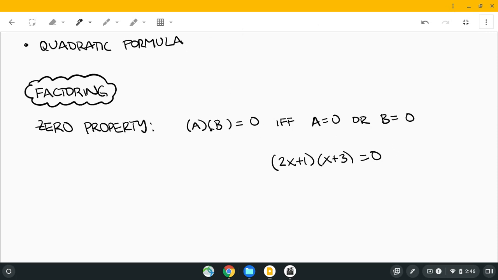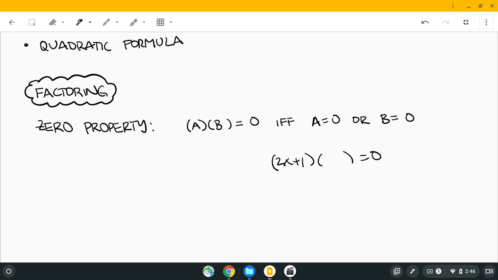What this is saying is that if you have these two factors and they equal 0, which it says it does, this factor times this factor equals 0, what this is saying is that one of these factors must be 0. Okay, so that means that if this factor equals 0, isn't 0 times this 0? Yes. Okay.